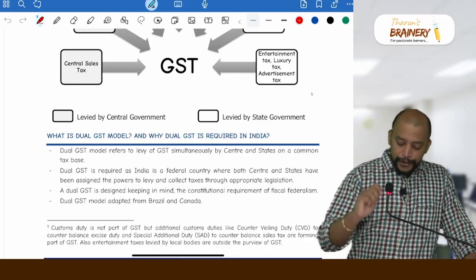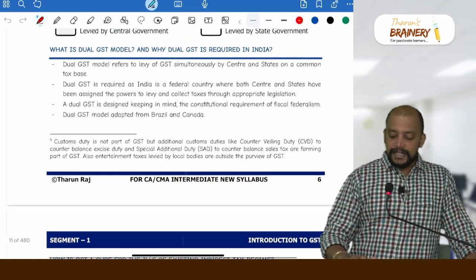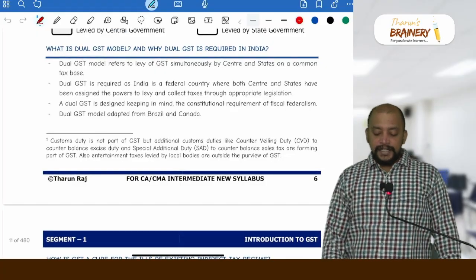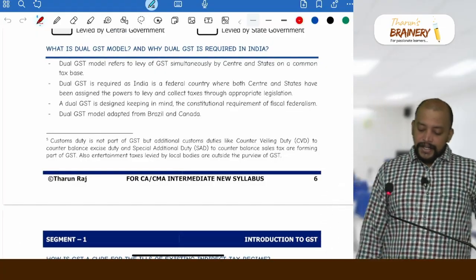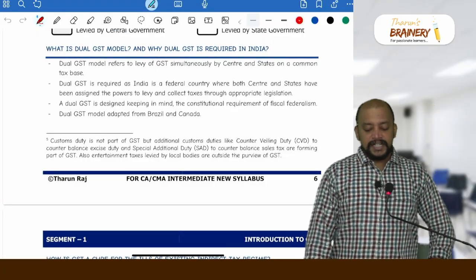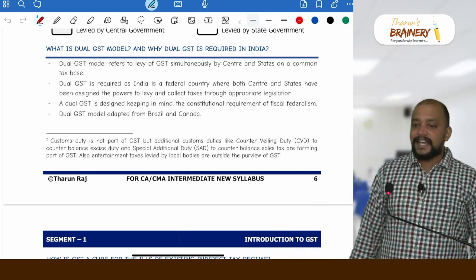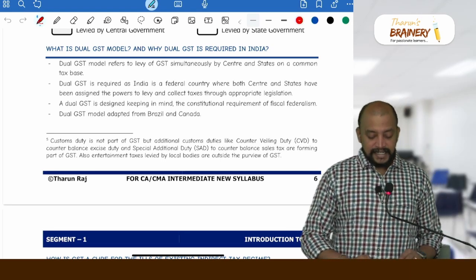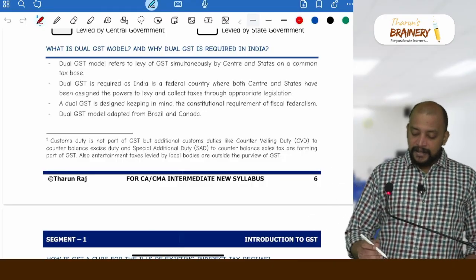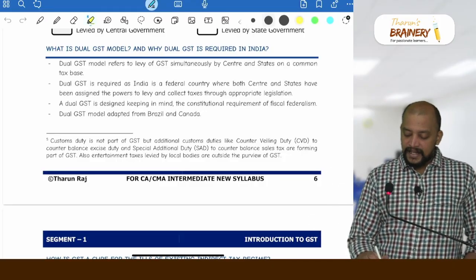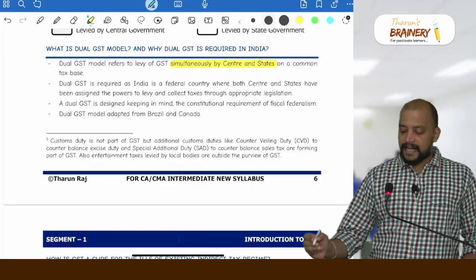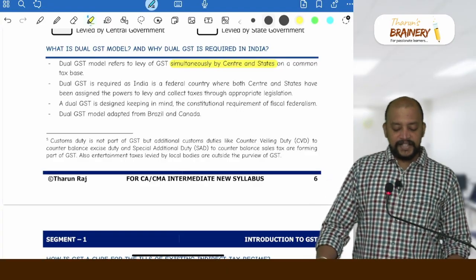Okay, you can see that. What is the dual GST model and why is dual GST required in India? Dual GST model refers to the levy of GST, underline simultaneously, by the center and states on a common tax base.